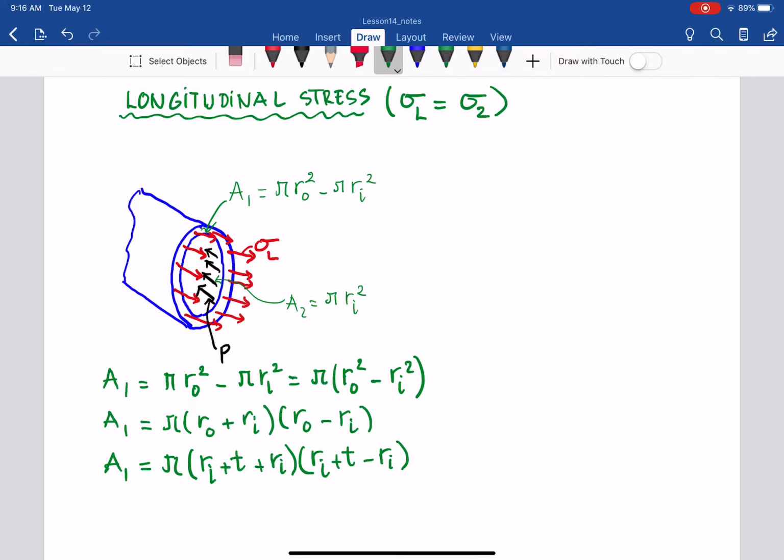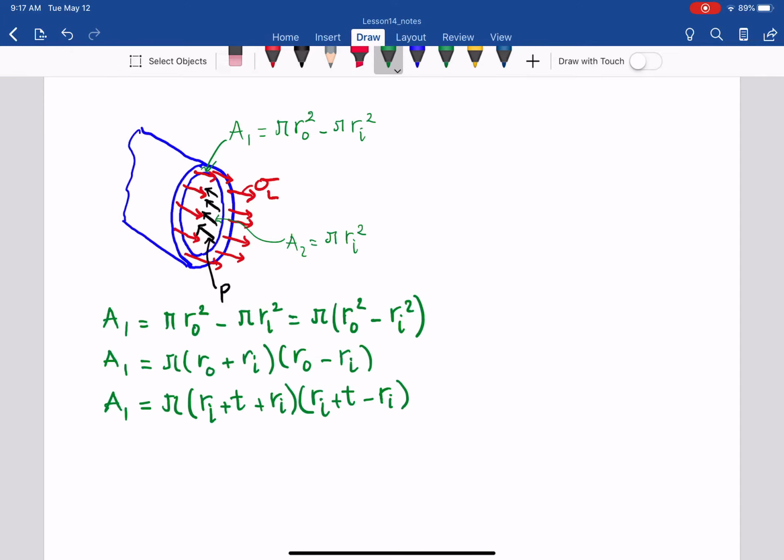Simplifying A1, we have pi, the first one is 2Ri plus t, times the second one, t.